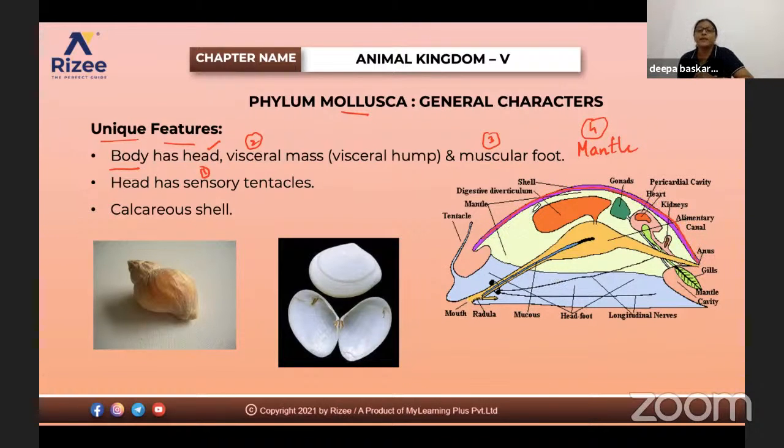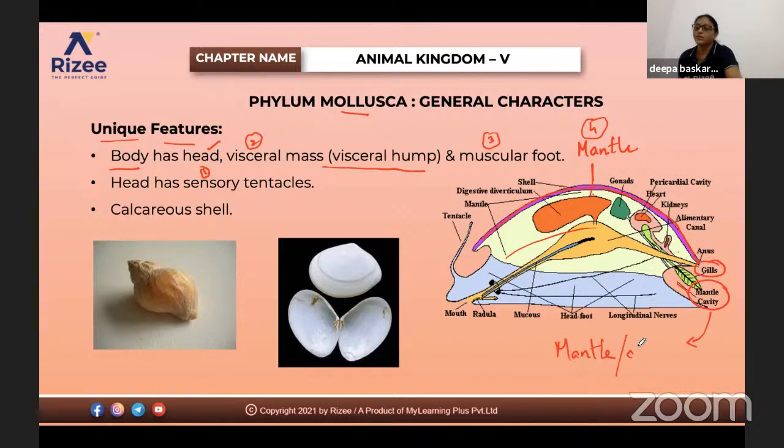Below that, a membranous structure is there, called the mantle. And below that, the visceral hump is present. Between the mantle and the hump, there is a cavity where the respiratory gills are present. This cavity is called the mantle cavity.